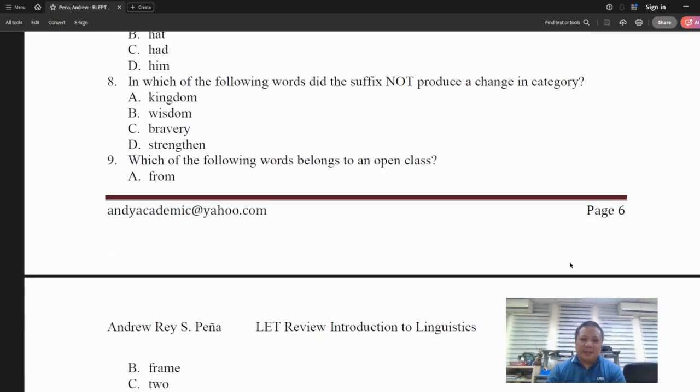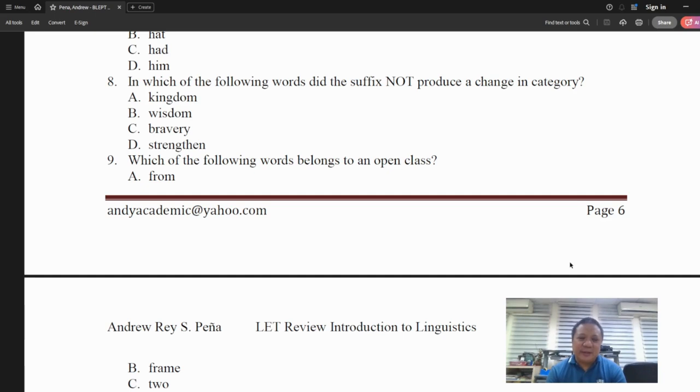Number 8, in which of the following words did the suffix not produce a change in category? A. Kingdom, B. Wisdom, C. Bravery, D. Strengthen. In D, strength is a noun, strengthen is a verb, so there was a change in category.